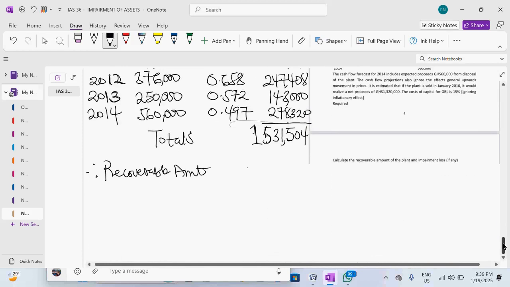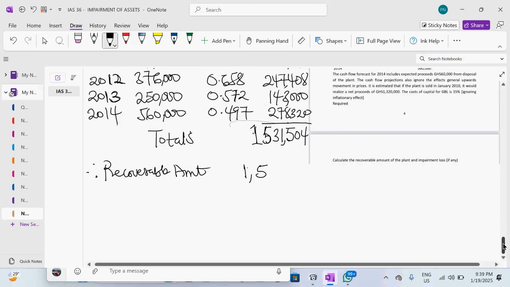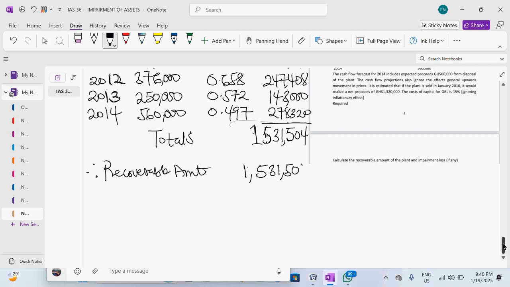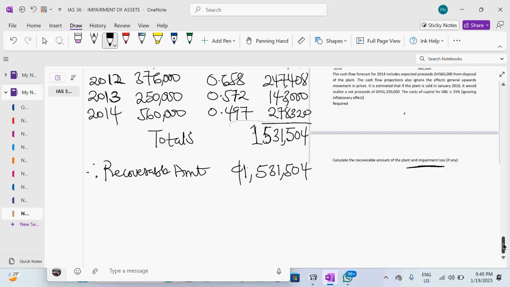And I said that usually the value in use is always the highest. And if there is any impairment loss, so what then is the impairment? Is there any impairment loss?